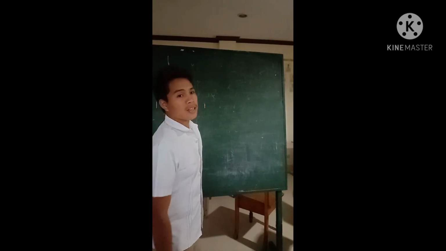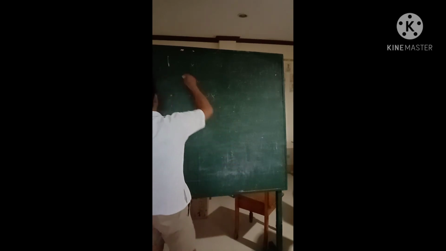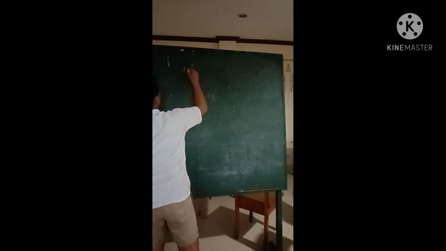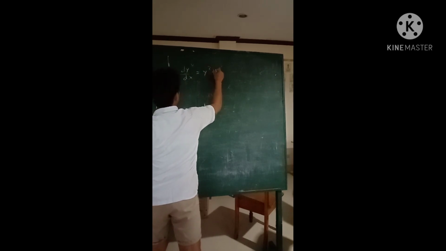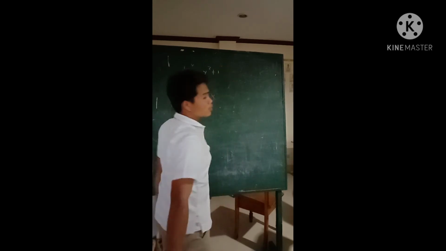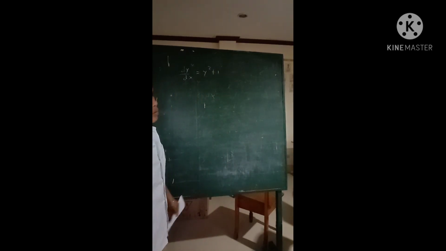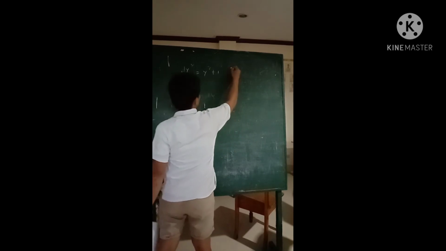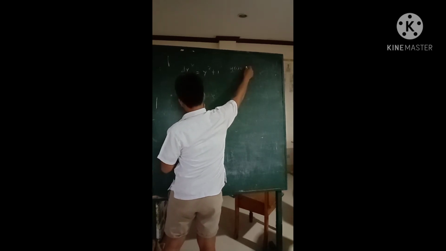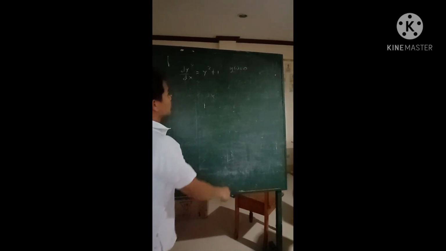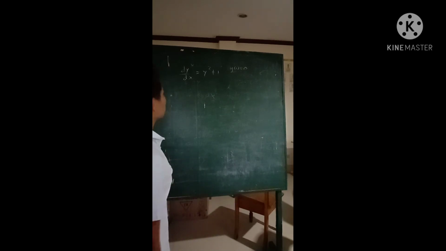So this is the other problem. dy over dx equals y squared plus 1, with y of 1 equals 0.